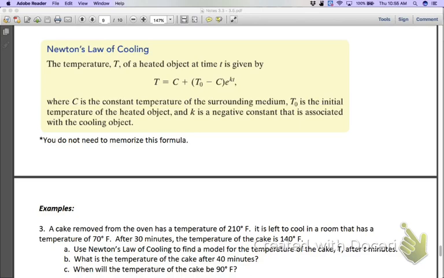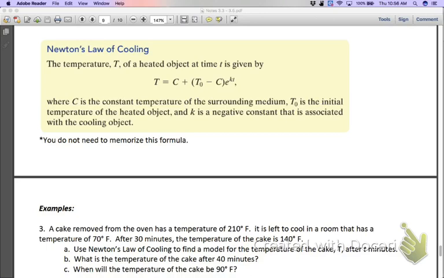So what Newton's law of cooling tells us is that if our object gets heated up, and then we leave it out at a constant temperature, the thermostat set at 70 or 75 degrees, how long is it going to take for the cake, the soup, or the water to cool down to a noticeable temperature?